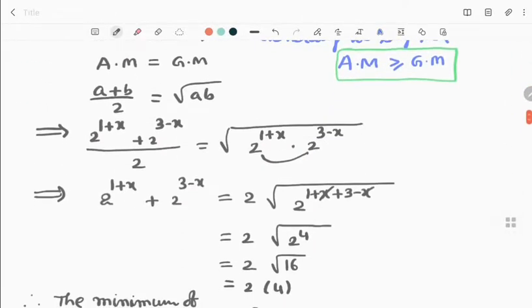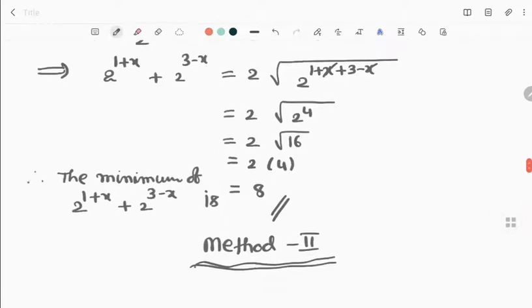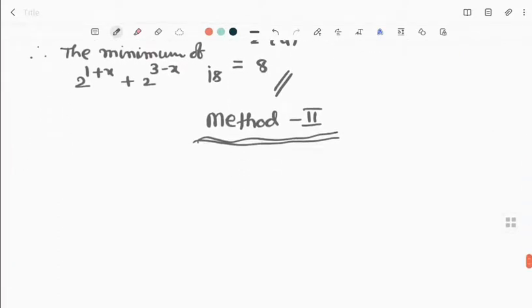See, in this second method, they are asking to calculate the maximum and minimum value, which means we can calculate the stationary points. So what I am assuming: 2 power 1 plus x plus 2 power 3 minus x is f of x, because it is a function in terms of x.